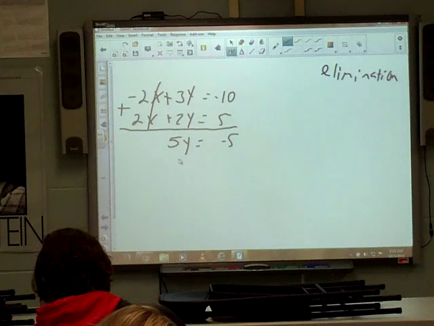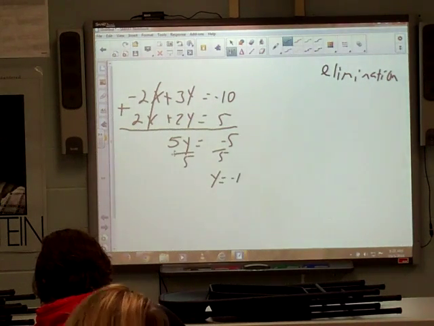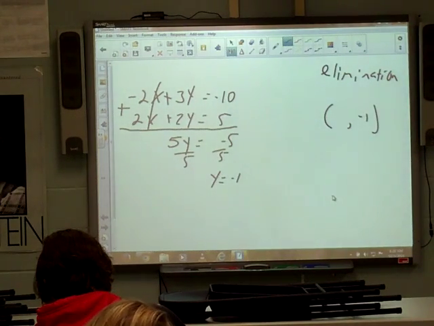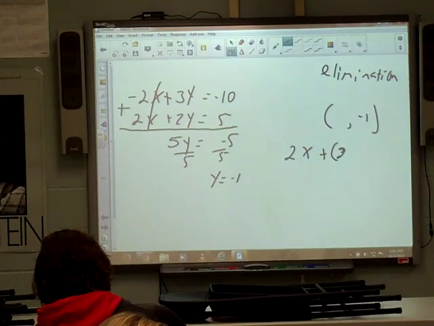How do I figure out y now? Divide by 5 and y is negative 1. Now you've got to plug that back in to figure out an x. Doesn't matter which one. You want the top one or the bottom one? Bottom. I do that too because I like the positive number. 2x plus 2 times negative 1 equals 5.